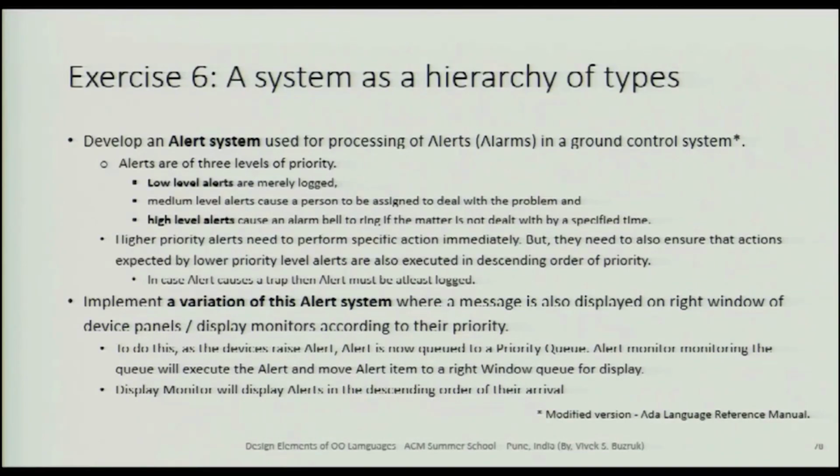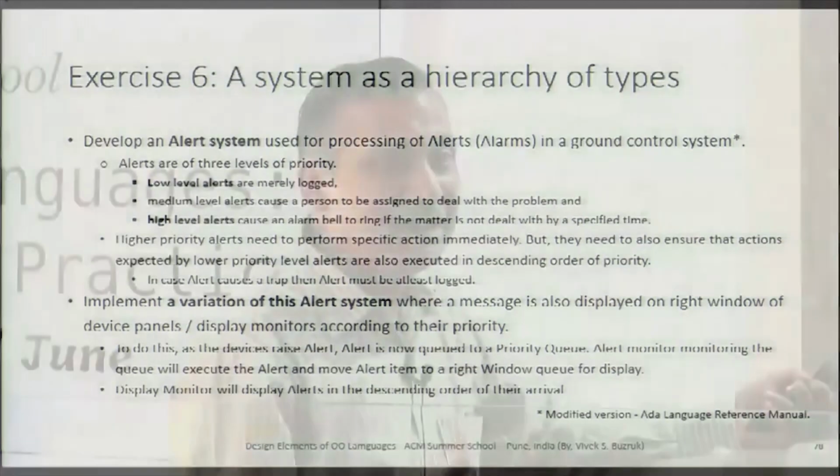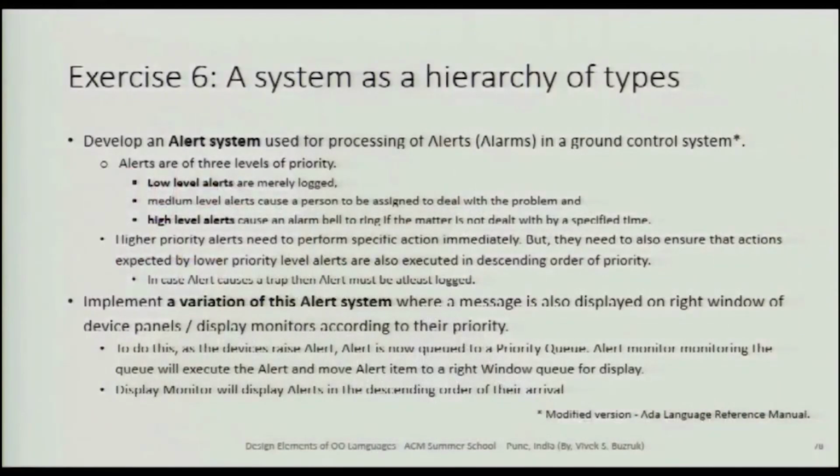You can use the variant record concept first, but beyond this, I need polymorphism to be incorporated so that it becomes a much easier implementation, more reusable and extendable. So you will find that you will be using the concepts of polymorphism, inheritance, etc. in this kind of example. Later I have also mentioned that you can implement a variation of this alert where a message is also displayed on the right window of the display channel.